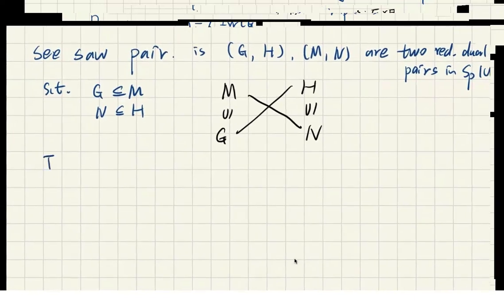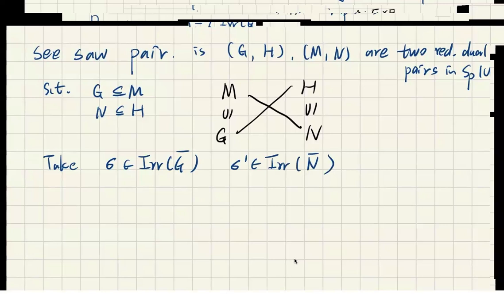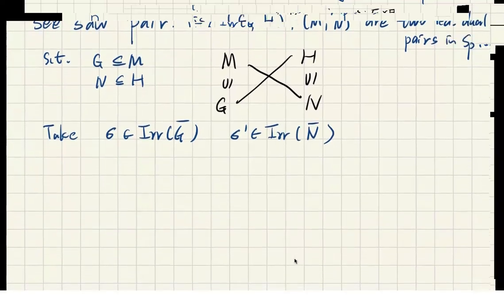Basically, you take an irreducible representation sigma of G bar, and you take an irreducible representation sigma prime of N bar. Where G bar and N bar are, in most cases, just the groups G and N themselves, and the only exception is that it could be the metaplectic cover when the other group is an odd orthogonal group.